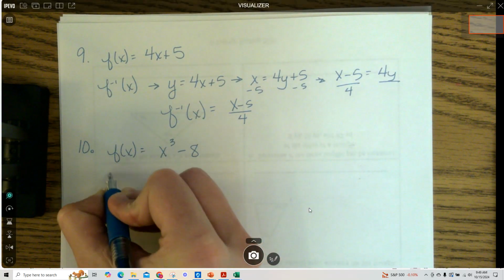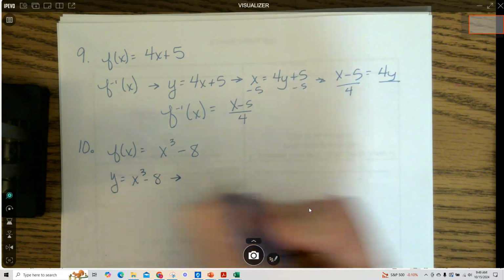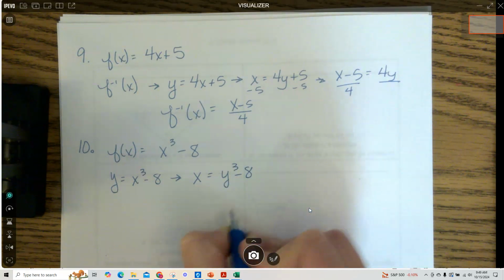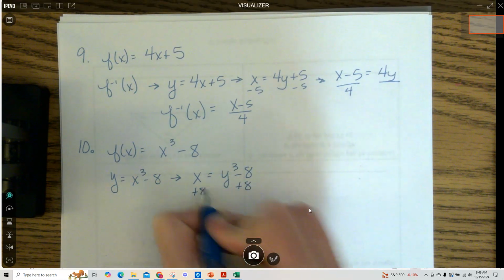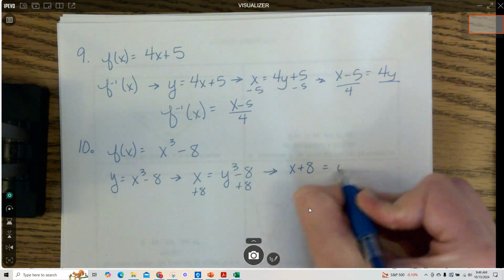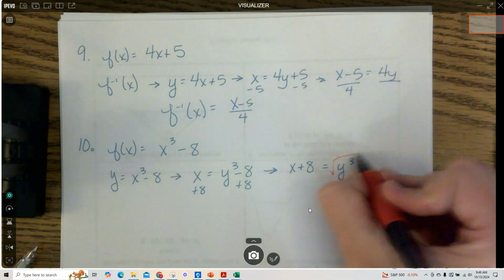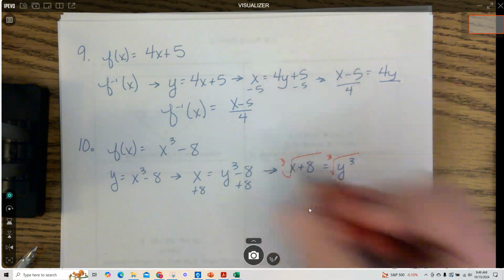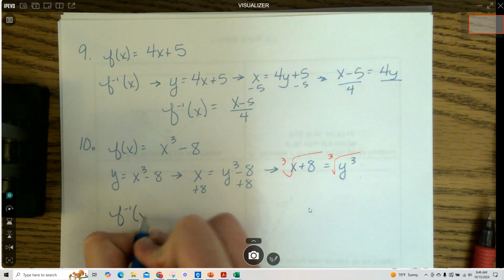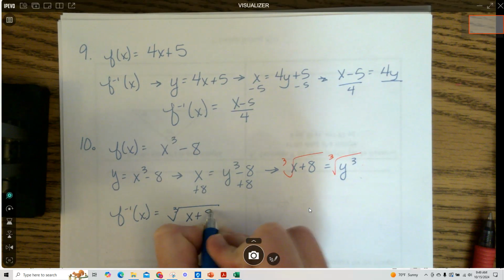So the inverse, y equals x cubed minus 8, would be x equals y cubed minus 8. Add the 8 to both sides. So we would have x plus 8 equals y cubed. So we would cube root both sides. And so our inverse would be the cube root of x plus 8.